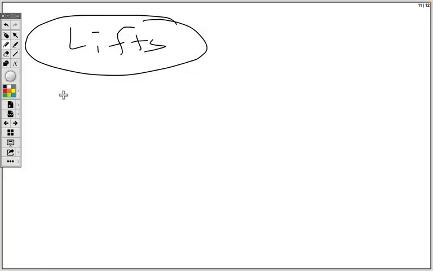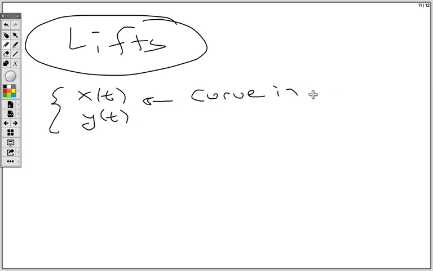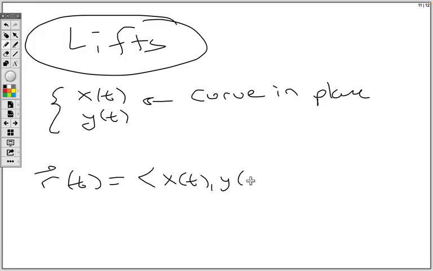So if we have a vector, if we have a parametric description of a curve, so this is a curve in the plane, then the lift to a surface is you take your x of t, y of t, so this would generate the curve in the plane, and then you look at f of x of t, y of t.